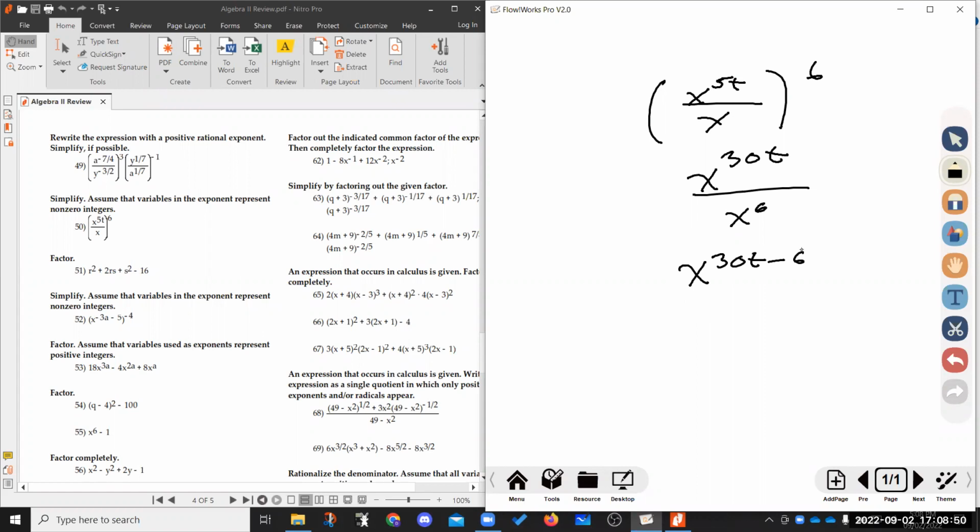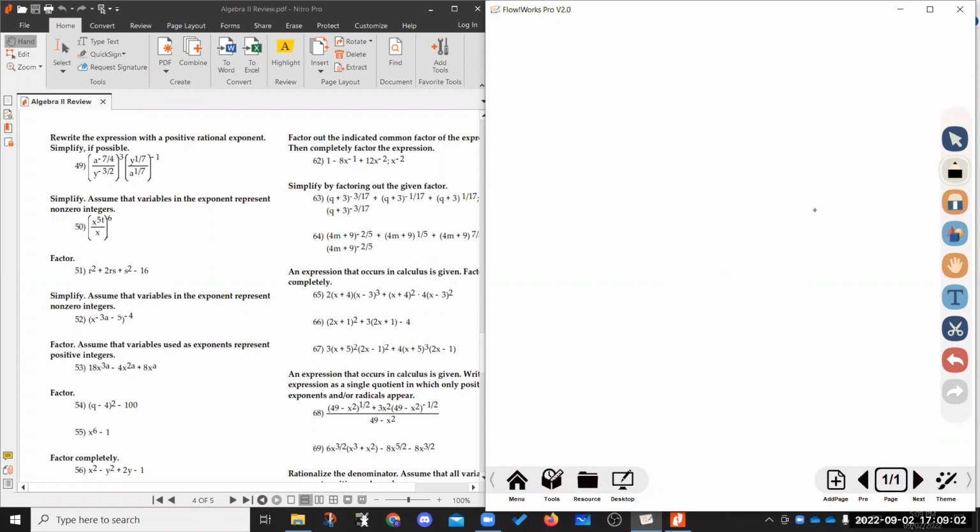We would like to, because we have like bases. So nothing wrong with that. It didn't say that we had to have all positive exponents when we were done.